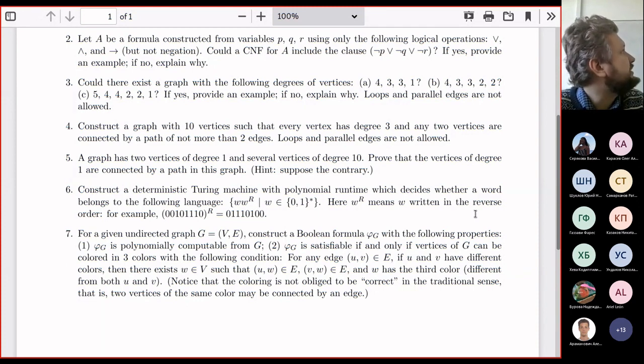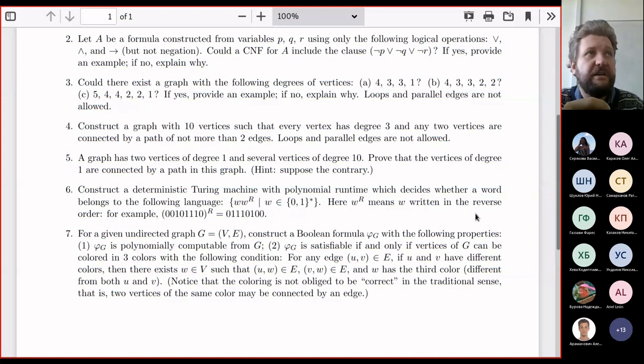Yes, exactly. In problem 6, your input is as follows. You have a long string of zeros and ones, and the correct input, for which you should yield yes, is as follows. You write some word, 0001111, and then just immediately, without any separator, you have the same word written in reversed form.